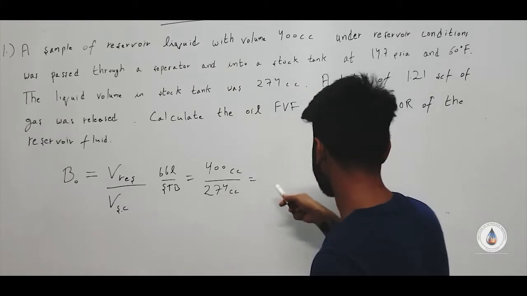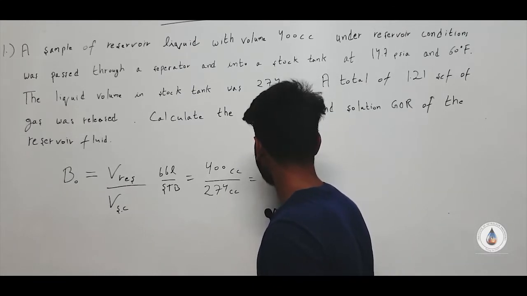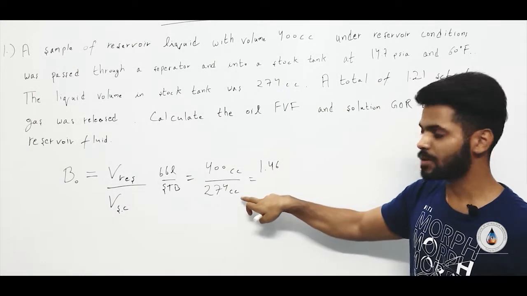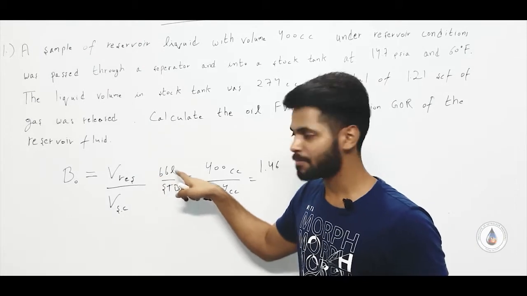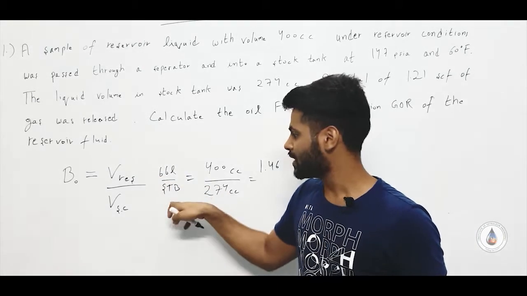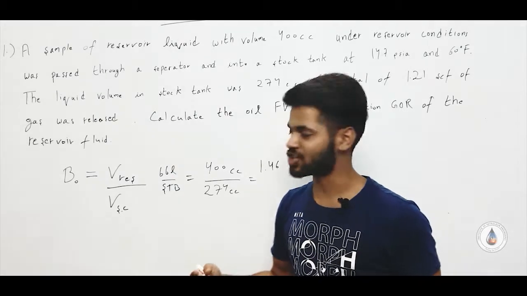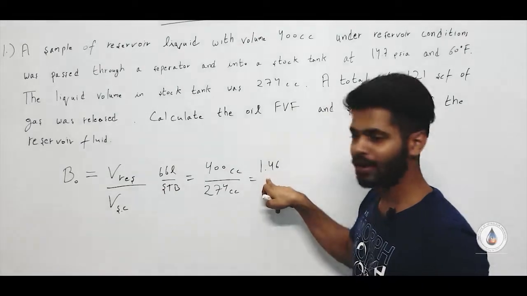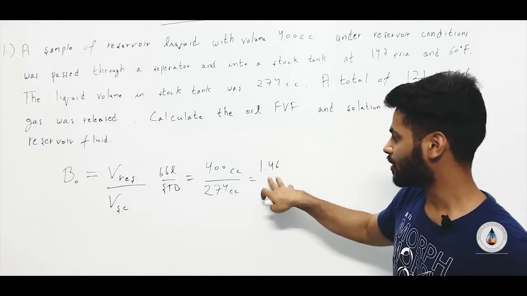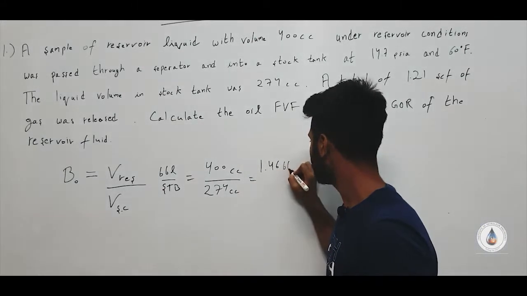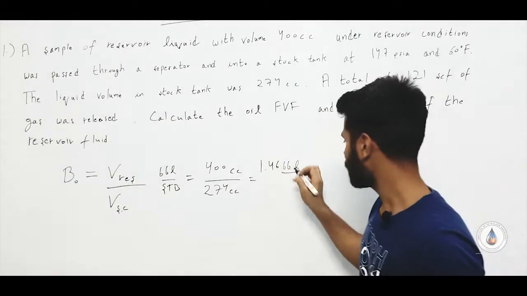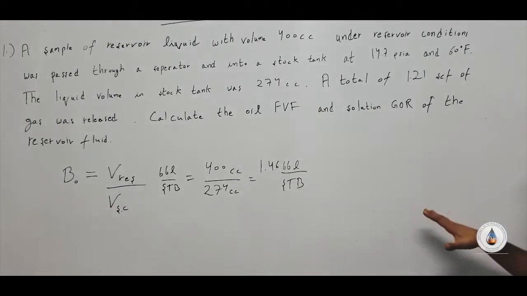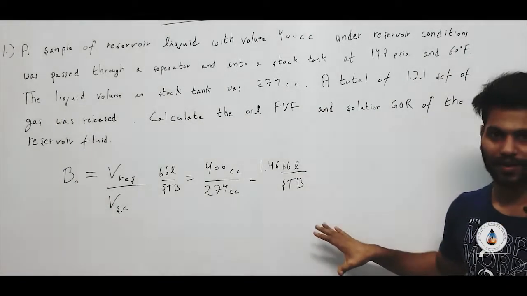If you calculate this, we will get an answer of 1.46. Since the units are the same, cc upon cc, and barrel and stock tank barrel are the same, as stock tank barrel is barrel at surface conditions, we can interchange these units. So the final answer is 1.46 reservoir barrel upon stock tank barrel. This way we have calculated the formation volume factor of oil.